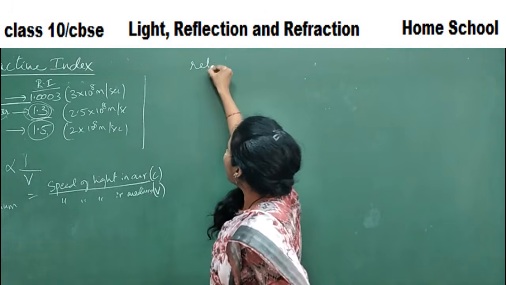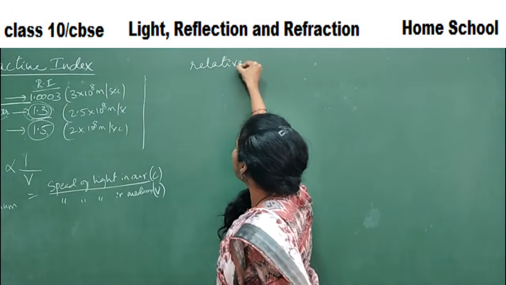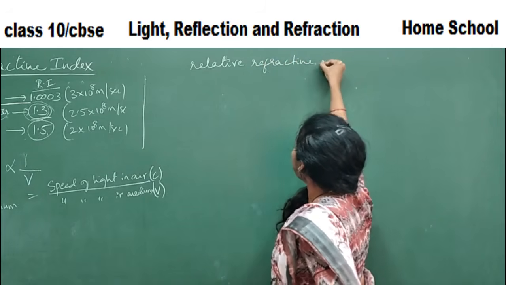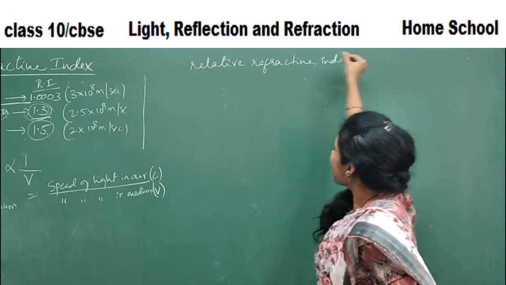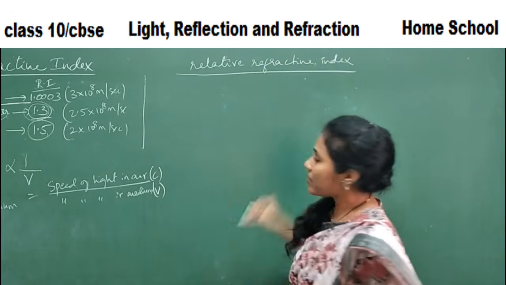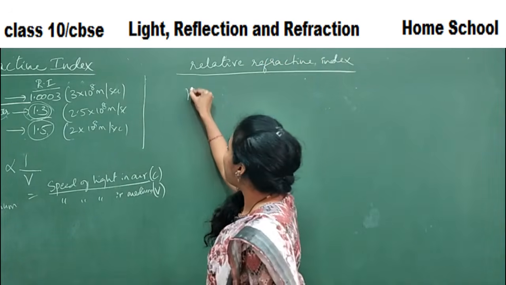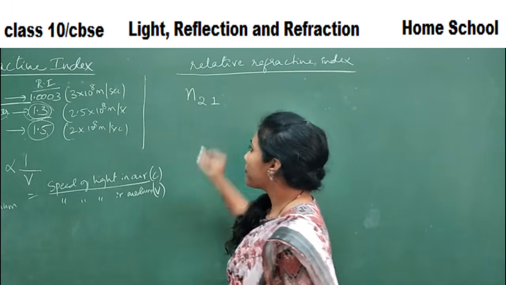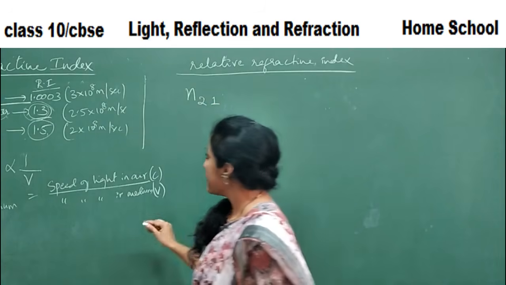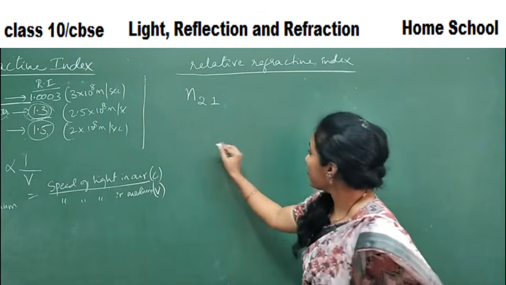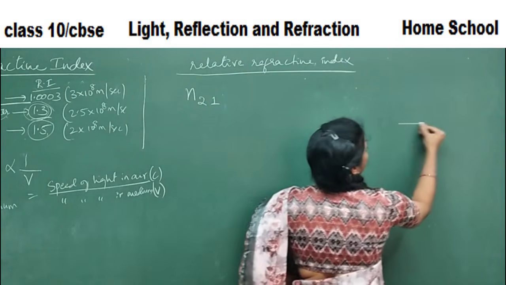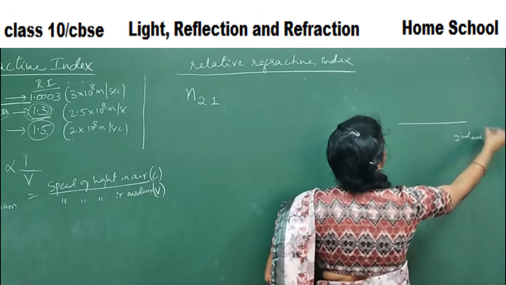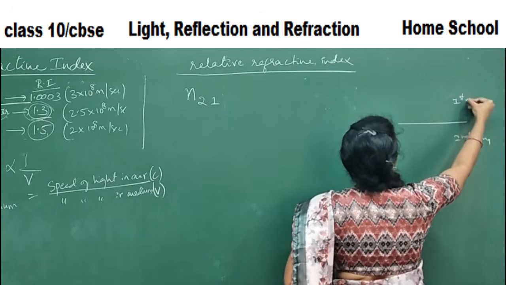Now we are talking about relative refractive index. Here 2 formulas we are going to study. If you want to compare the refractive indices of 2 separate mediums, say for example, this is my second medium and this is my first medium.